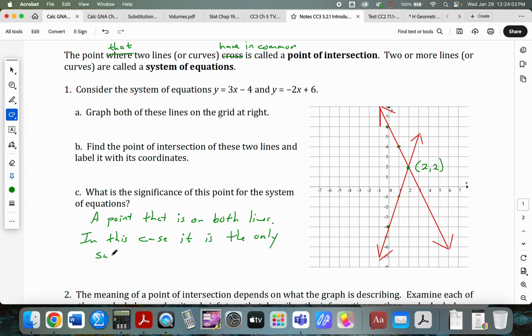I'll say it's the only such point. If you have curves, they may intersect in more than one place. But with lines, and this is one of the things that when you get to geometry you'll study, if lines intersect each other, they can only intersect once. And that's because lines are straight. If lines were curved, then they might intersect in more than one place.